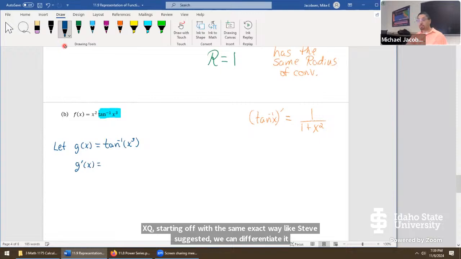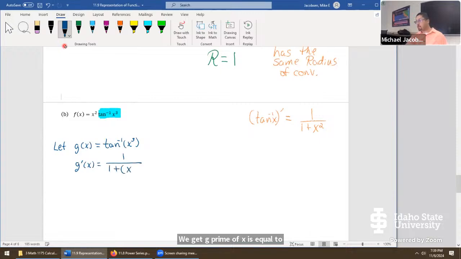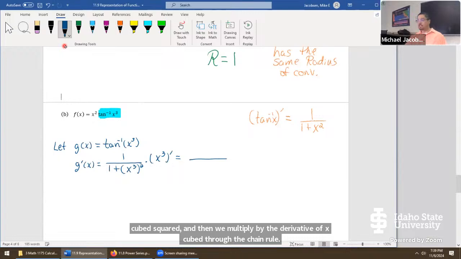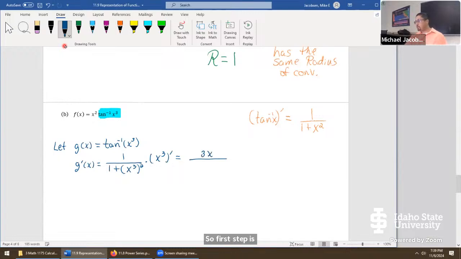We get g prime of x is equal to 1 over 1 plus x cubed squared, and then we multiply by the derivative of x cubed through the chain rule. So first step is, after differentiating, 3x squared up above, we have a 1 plus x power 6 down below. So we're getting back to that original format.